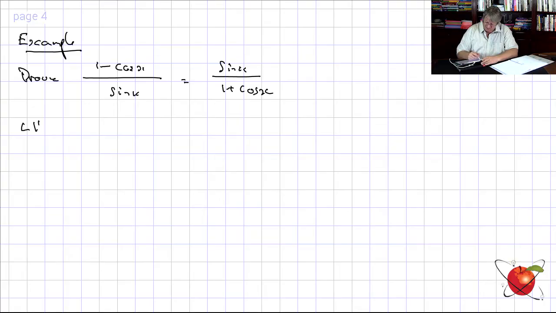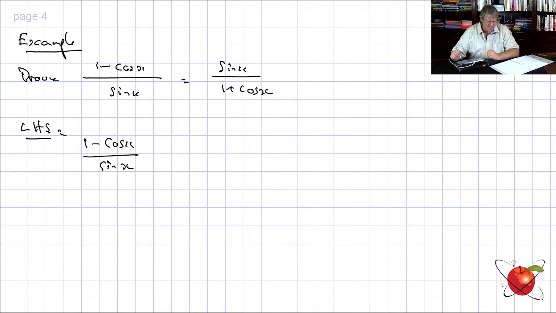Let's think of it like that. Okay, right. I said take the left-hand side. Write down left-hand side equals (1 minus cos x) over sine x. What did I say the next step was? Look for tan x. No tan x. Difference of two squares, in other words, factorize.